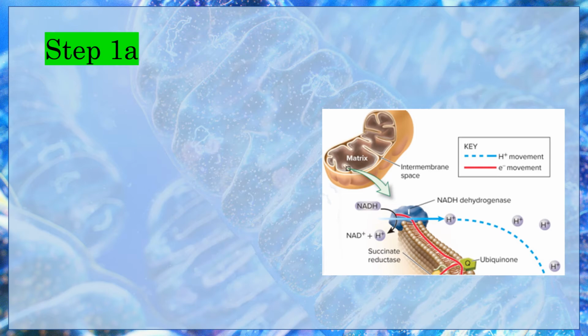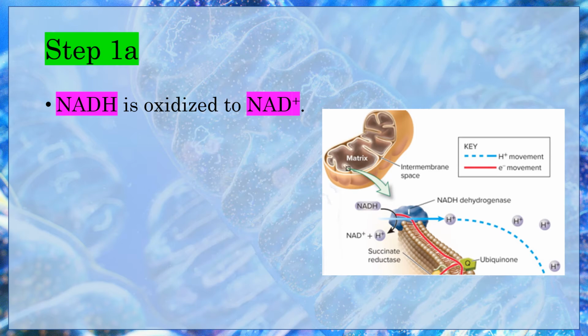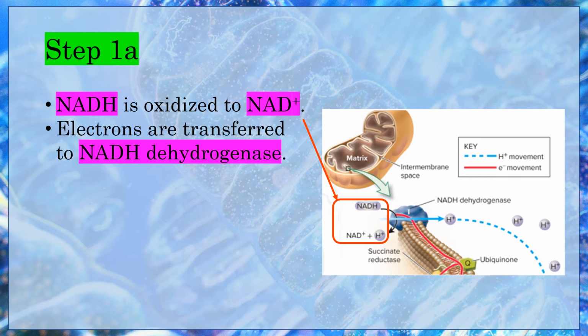Step 1A of the electron transport chain, NADH is oxidized to NAD plus, as seen here. Electrons are transferred to NADH dehydrogenase going through this mitochondrial matrix, as seen in blue.